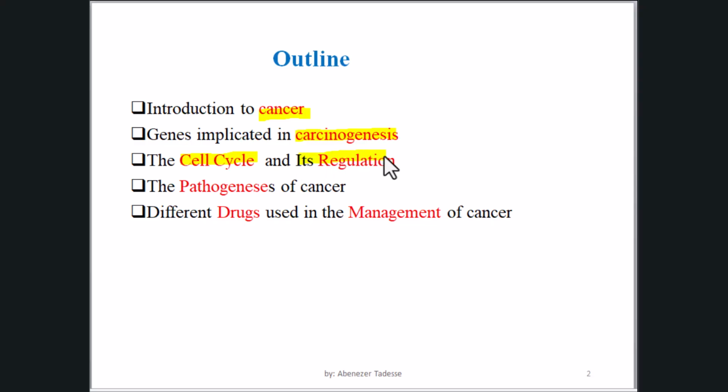The other one is pathogenesis of cancer, especially the primary as well as the secondary tumor formation. Finally, we'll see in detail different drugs that are used in the management of various cancers.